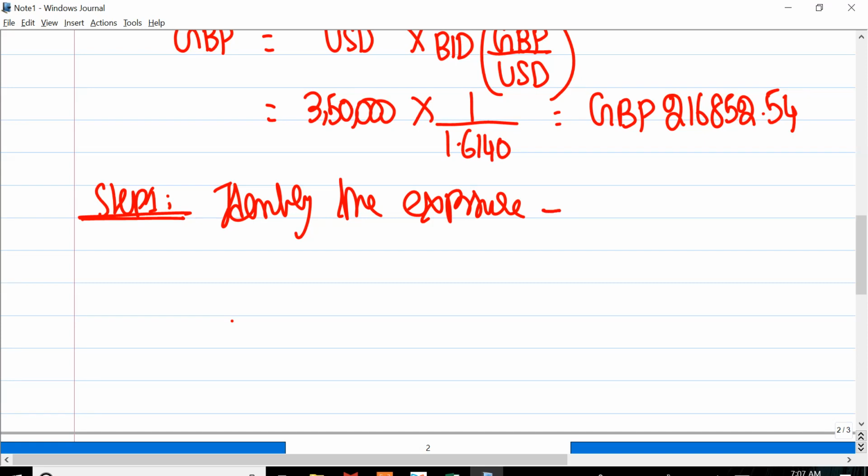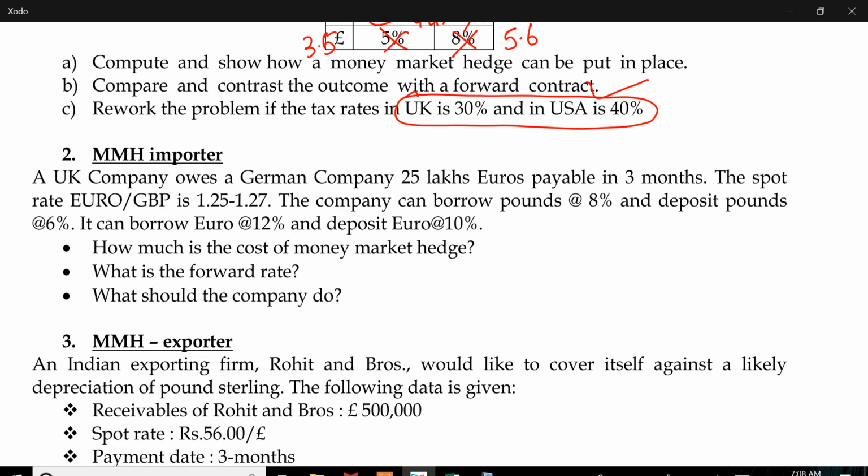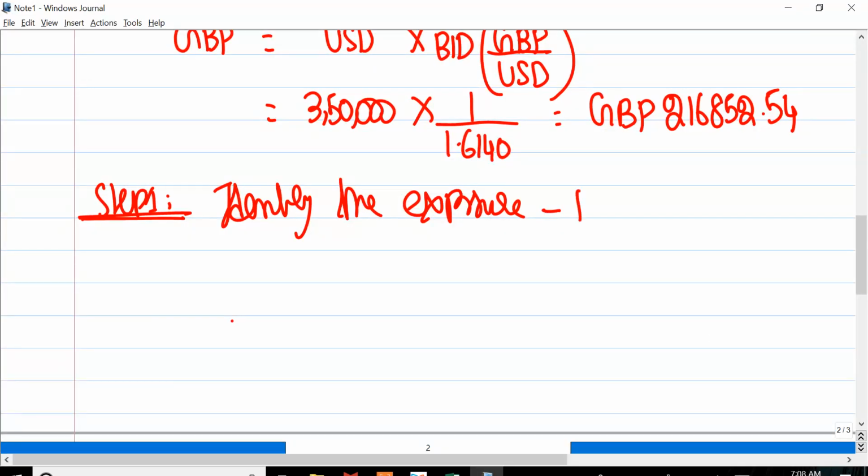What's the exposure? How much? Payable of which currency? Payable of 25 lakh euros. So I have a payable. Against the payable, what should I create now? Asset. I have a liability. Against that I have to create an asset.